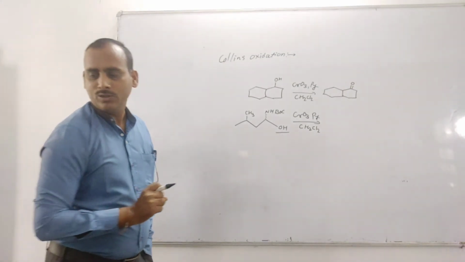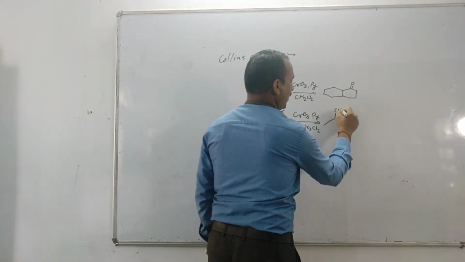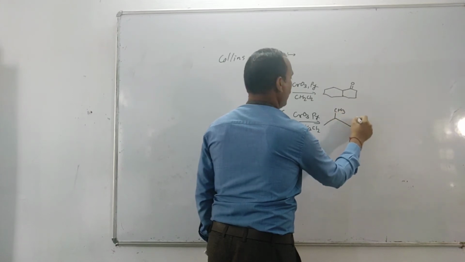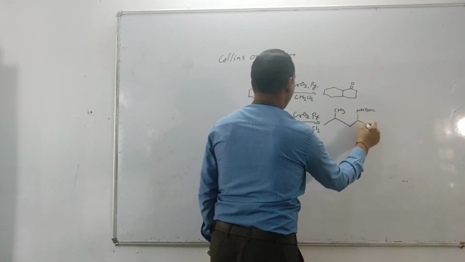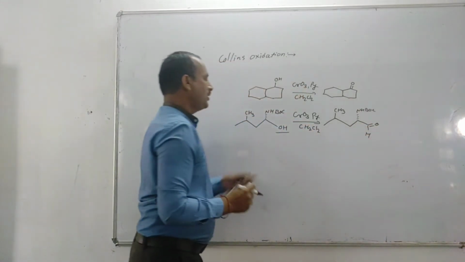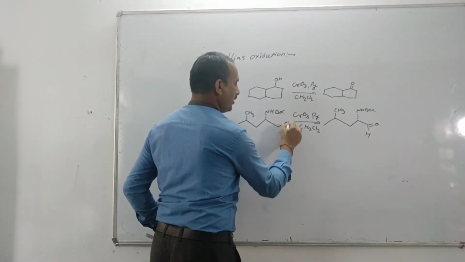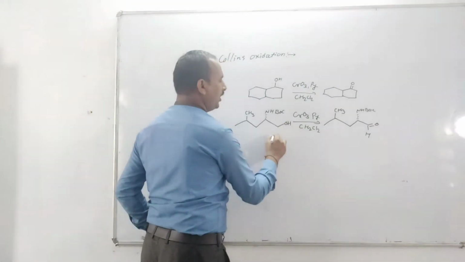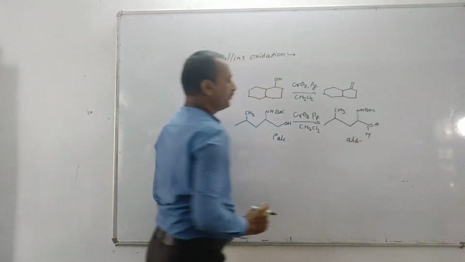This primary alcohol is oxidized to aldehyde. CH3 and H Boc and CHO. This primary alcohol is oxidized to aldehyde.